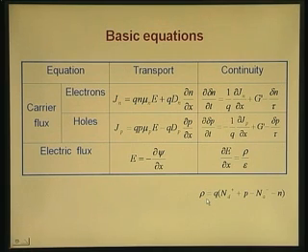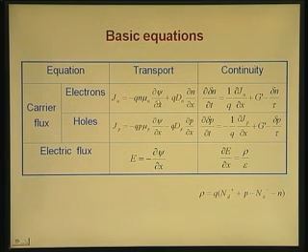Now in these equations we can see the close correspondence between the equations for carrier flux and that of the electric flux. If you rewrite the equations as follows, the first step, we can write this E in terms of the gradient of potential to see the one-to-one correspondence between these two equations and this equation.